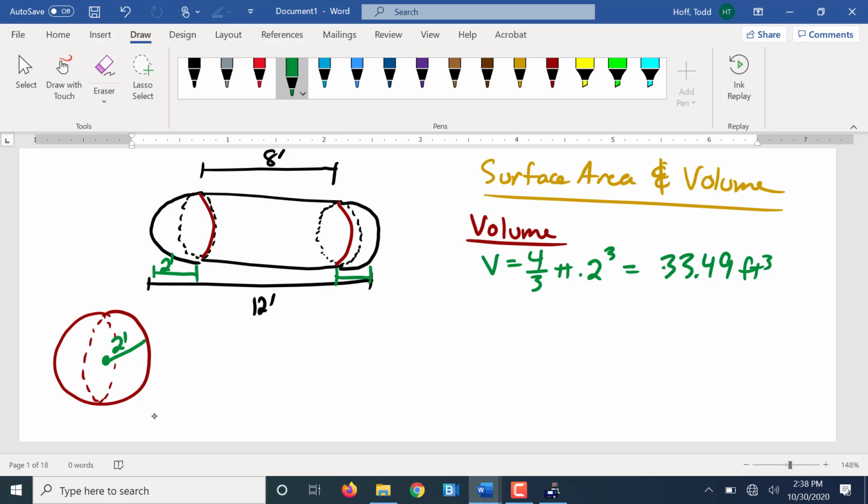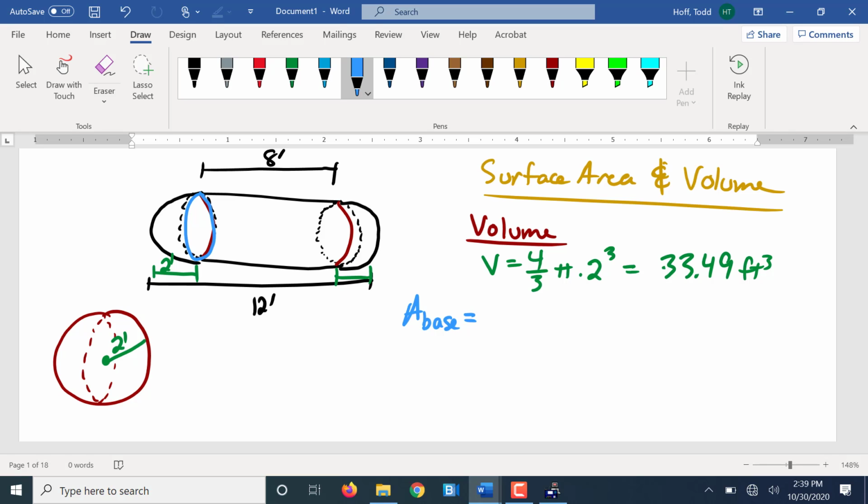Now for the cylinder portion, how do we find the volume of a cylinder? Does anybody remember? We start out with the area of the base. Yes, well, we're assuming that it's a paper-thin surface.